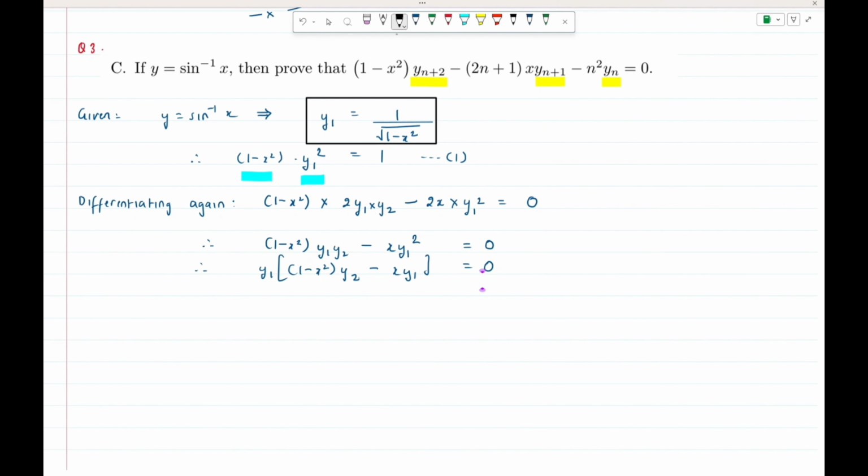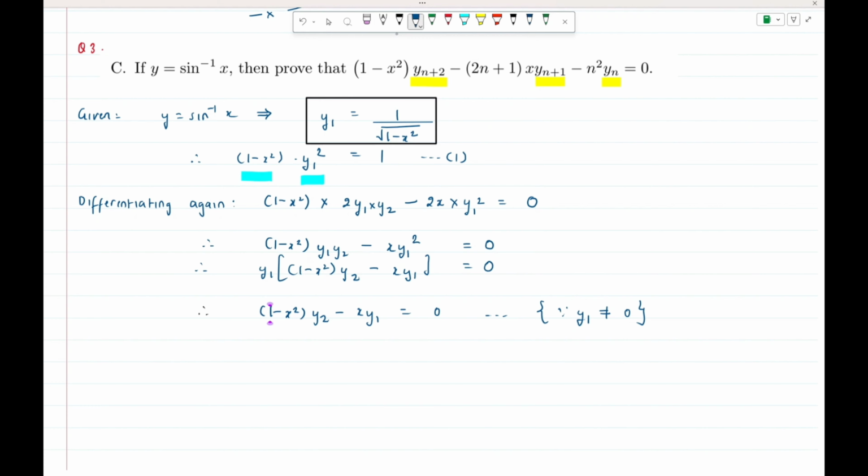So we know that y1 cannot be 0. Therefore the other factor has to be 0, which means that 1 minus x square times y2 minus x times y1 is equal to 0. And here we could give the reason that y1 cannot be equal to 0.